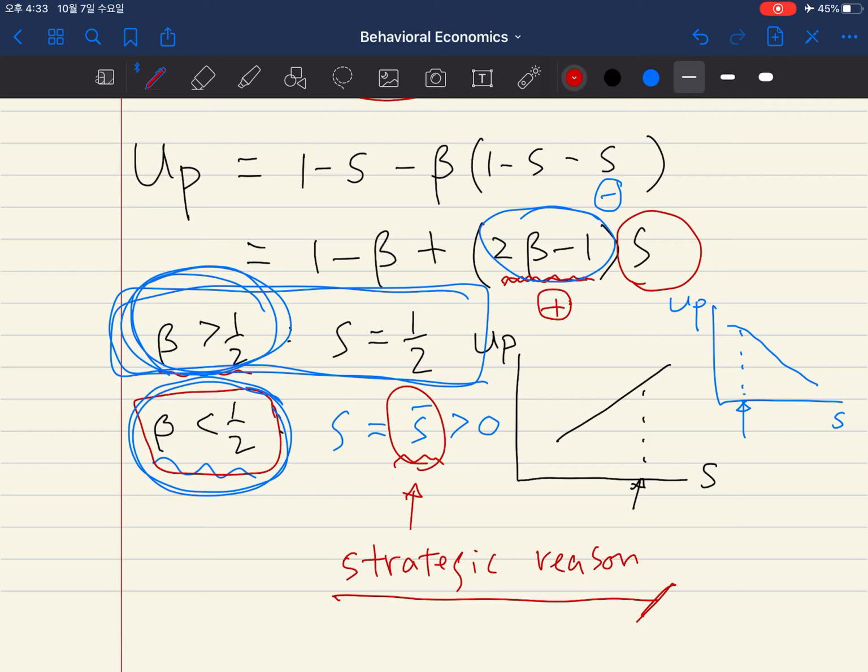If the proposer thinks that he's facing a tough responder, and here a tough responder means the responder is the type of person who really cares about inequality, so the alpha parameter is a really big number, so the responder's rejection threshold is really big, then in that case, because we know that the proposer is offering S upper bar even when he doesn't really care about inequality, this offer can be increasing.